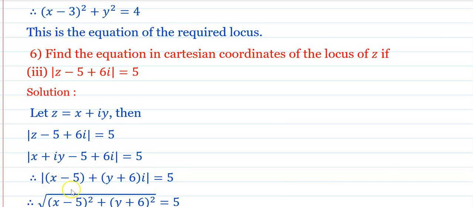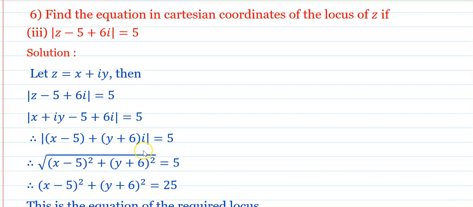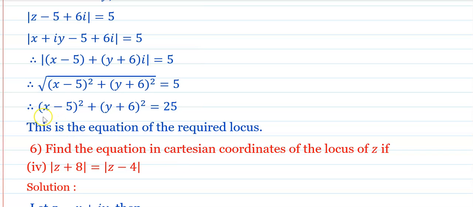X minus 5 plus y plus 6 bracket complete into i, that's equals to 5. As a mod is to be found, it means root of x minus 5 bracket square plus y plus 6 bracket square that is equals to 5. Squaring on both sides, then you will get x minus 5 bracket square plus y plus 6 bracket square is equals to 25. This is the equation of the required locus.